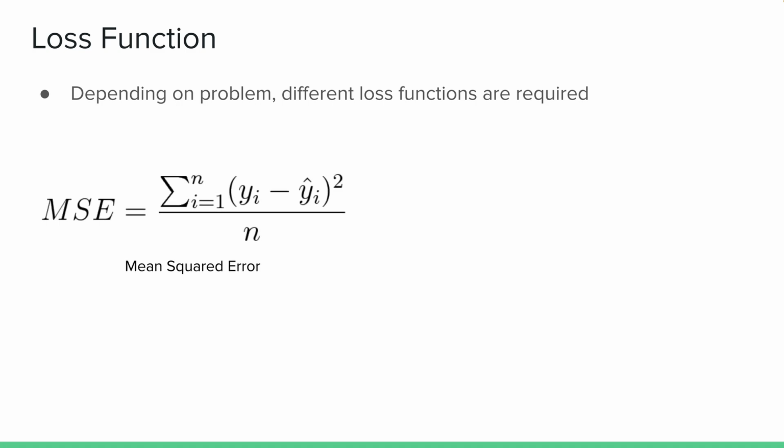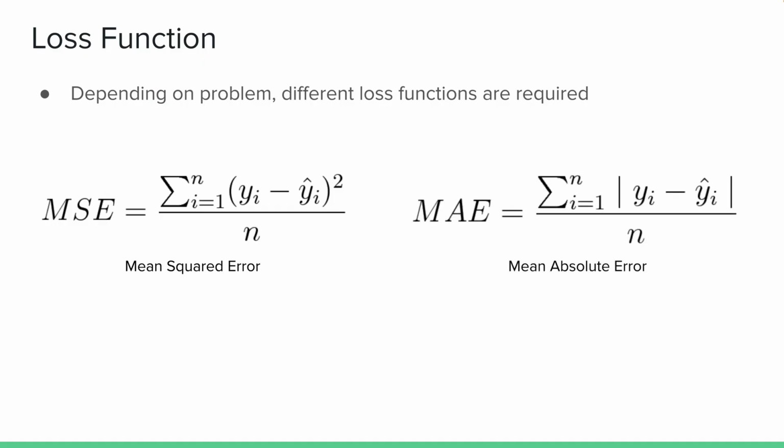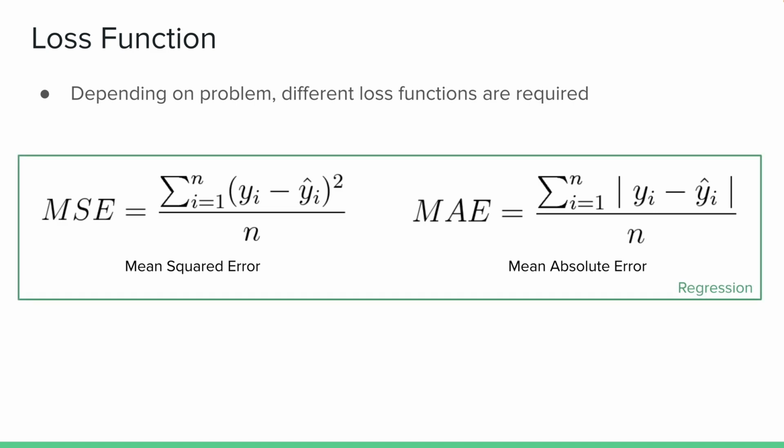It computes the difference between yi, the target, and yi hat, the prediction, calculates the square, sums this up, and gives you one number in the end that tells you how good it's doing. Similarly, you can use the absolute difference between the prediction and the underlying target, and those two losses are typically used when you have a regression problem.